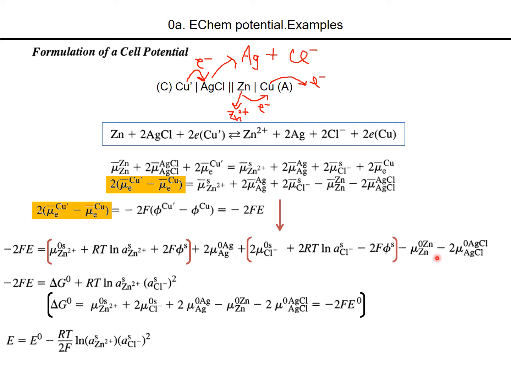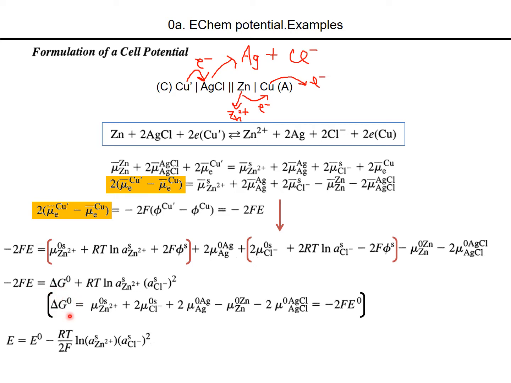Then let me get together all the standard chemical potentials. This one, this one, this one, this one, this one. Here. What is that? That is the Gibbs free energy change at standard state. Right?